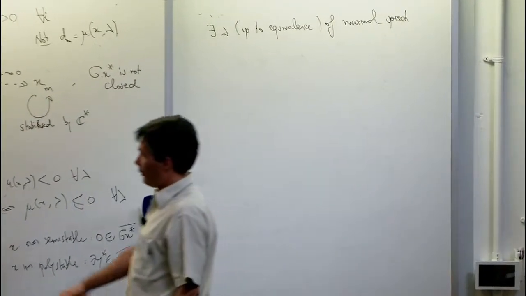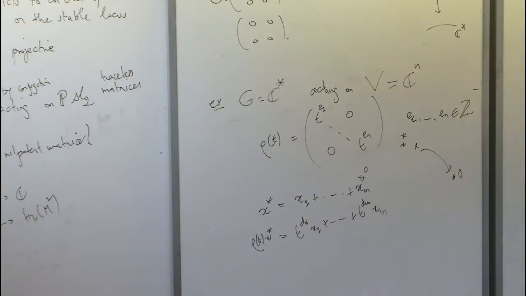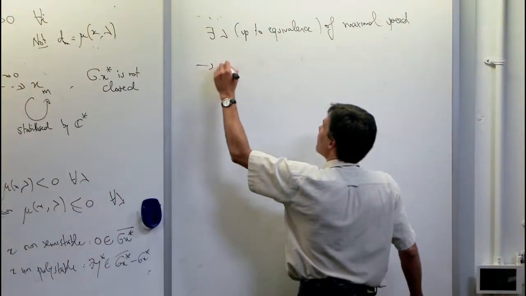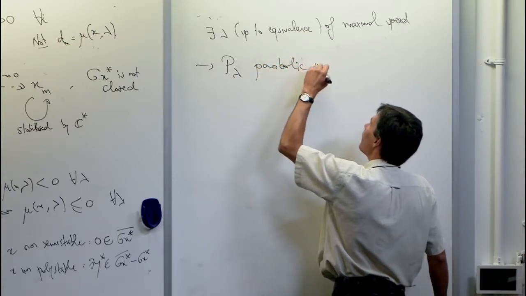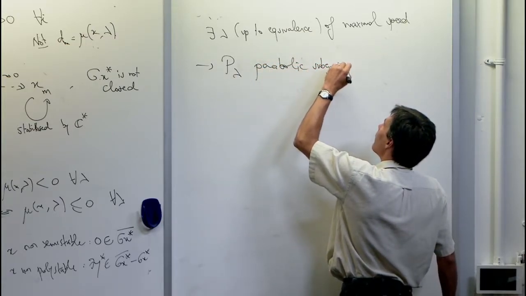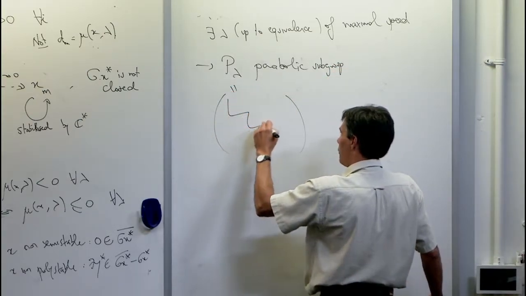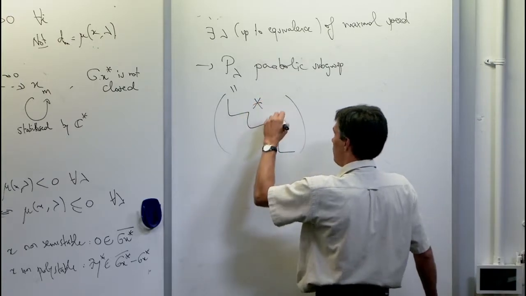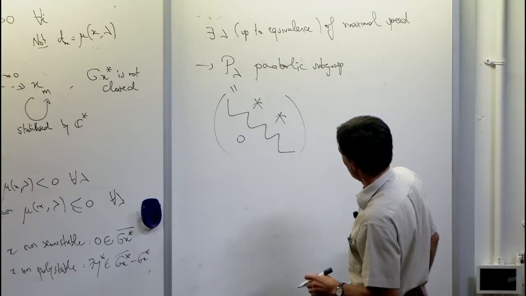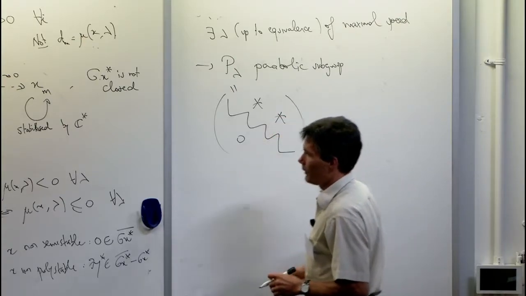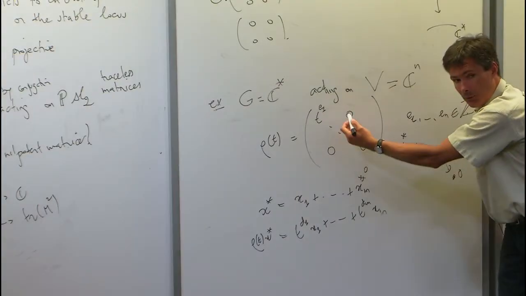And then when you have a one-parameter subgroup, it defines what is called a parabolic subgroup, which simply means that you have some subgroup of matrices like that. This is a parabolic subgroup, a group of upper triangular matrices by blocks, and this is precisely given by the order of the exponents here.